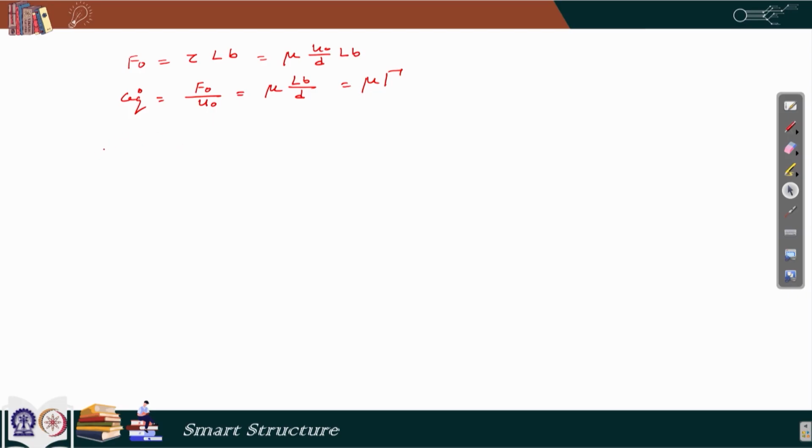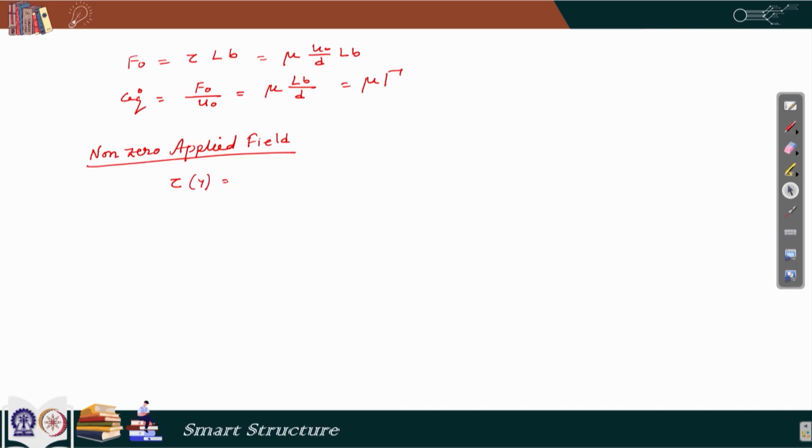Next, let us do the same thing for a non-zero applied field. In this condition we have to write the constitutive relation considering the yield stress.